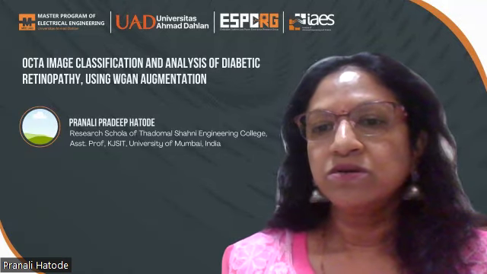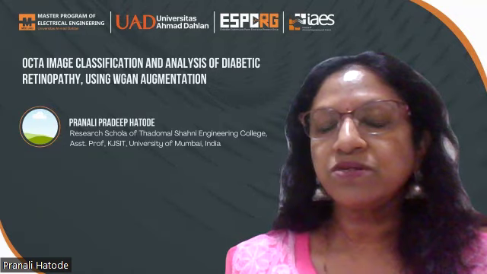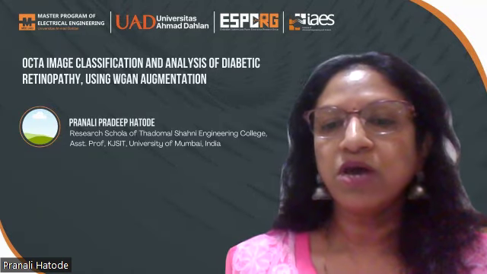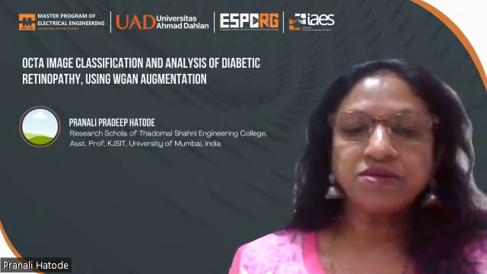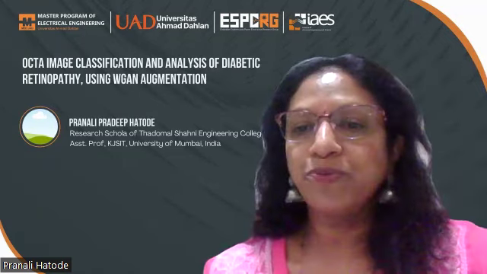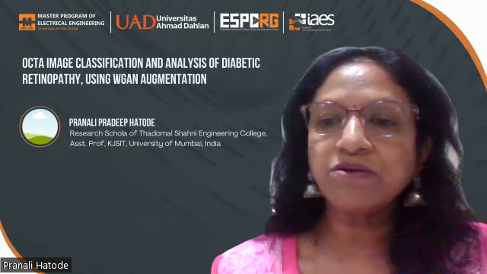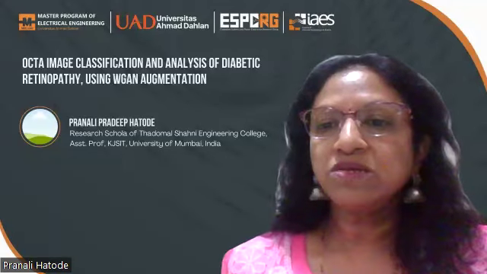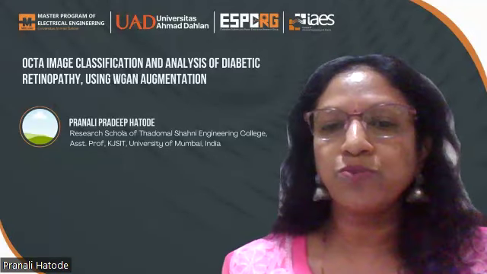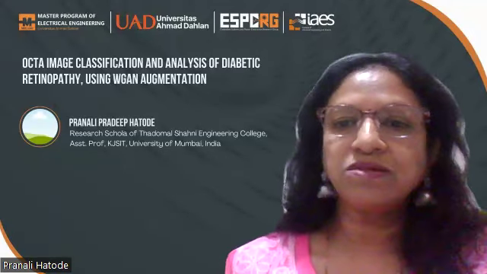But first, let us understand the methodology of my research work. Here, I have obtained around 800 OCTA images from the IEEE data portal. Then these images were WGAN augmented into 19 instances.